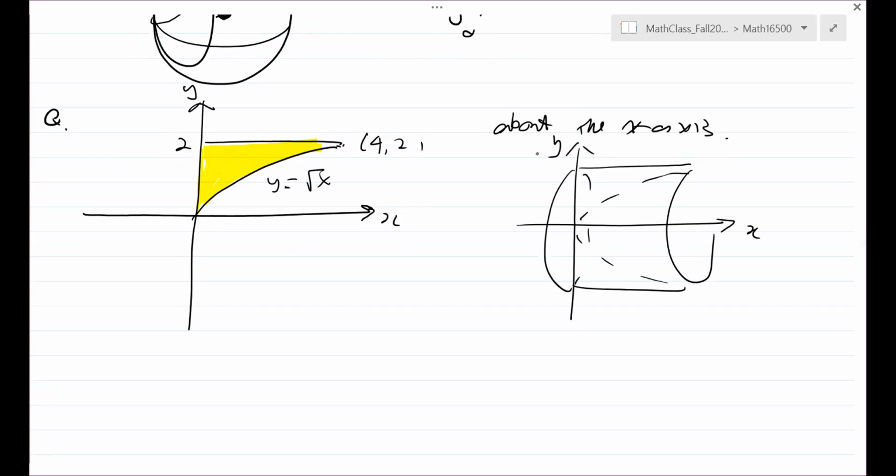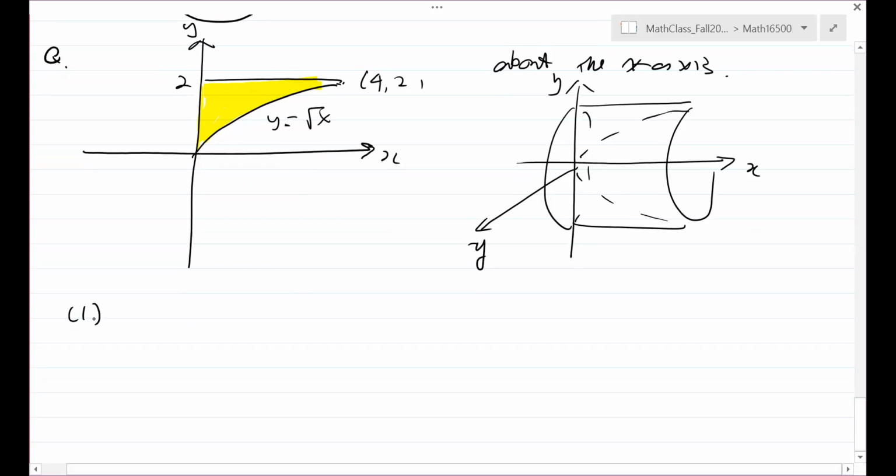Then what you're going to do is cut the solid into many slices. You can use a flat knife parallel to the YZ plane, or you can use a circular knife around the x-axis. So let's set up the integral in two different ways.